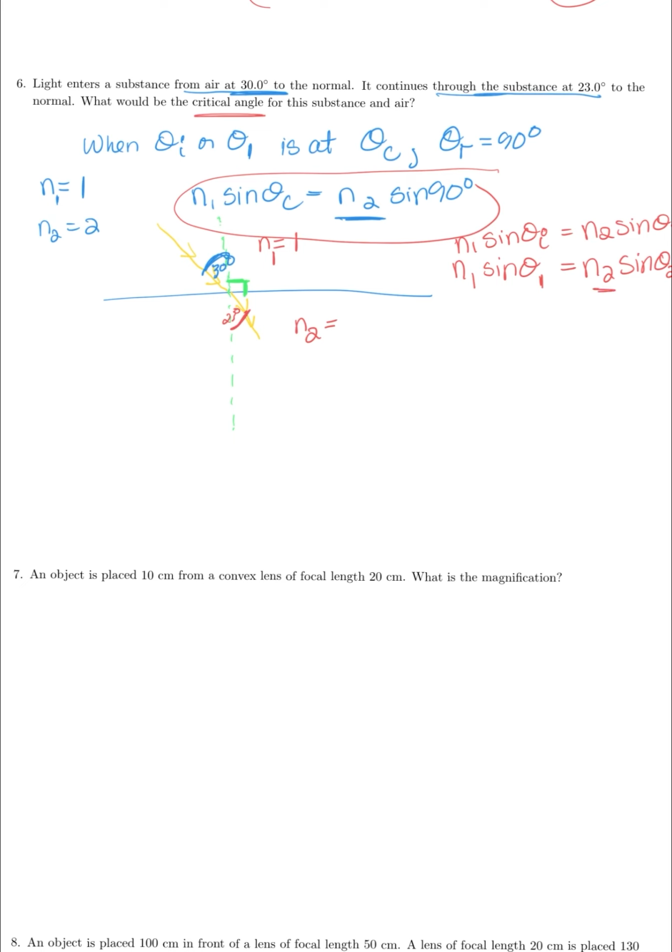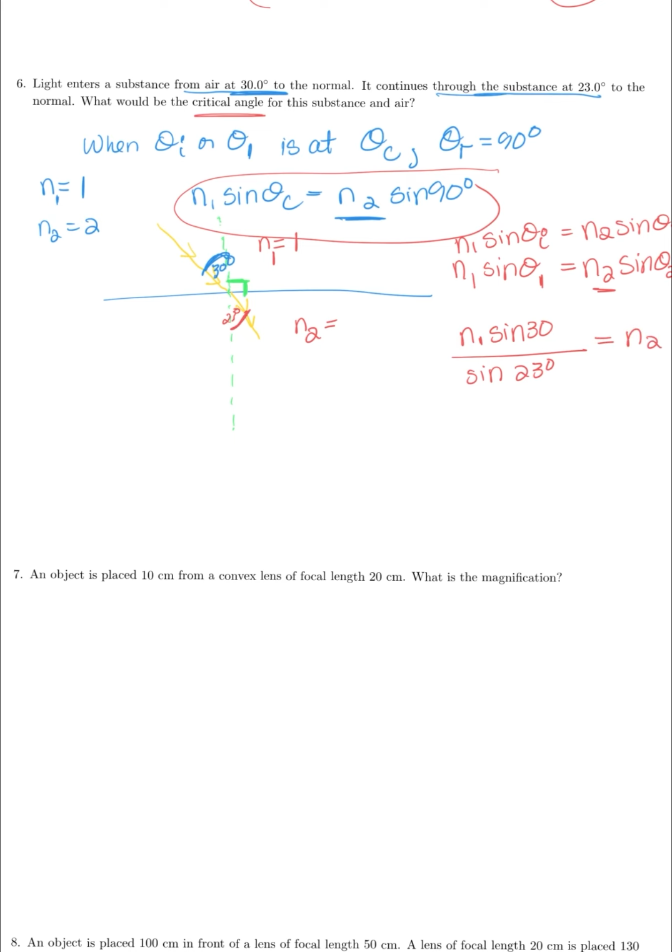So now if we want to solve for N2 here, let's do it like this. N1 sine of our incidence angle, 30 degrees, divided by sine of our second one, which is 23 degrees, equals N2.